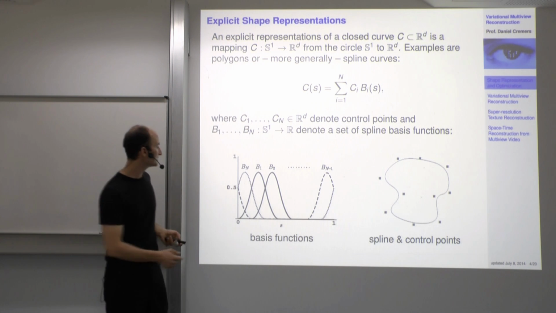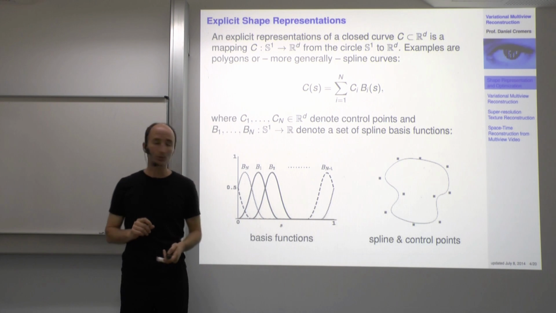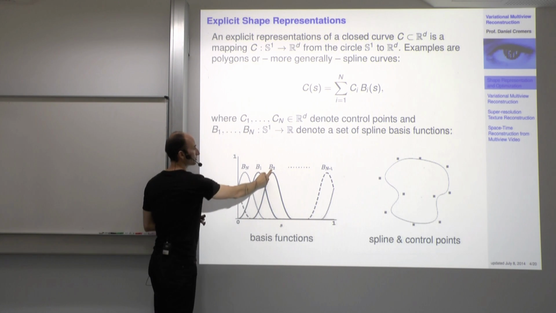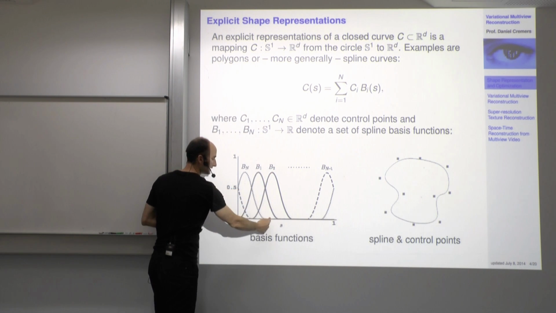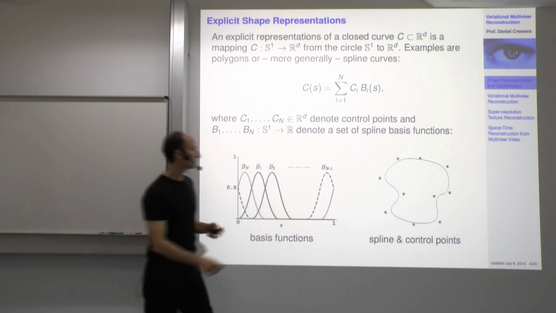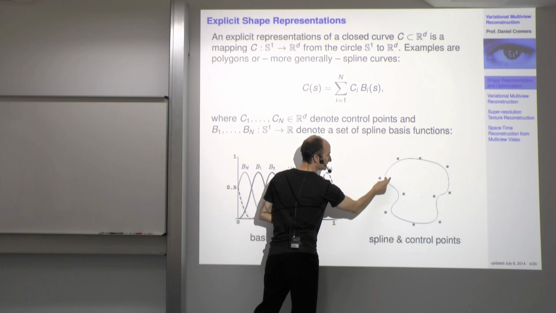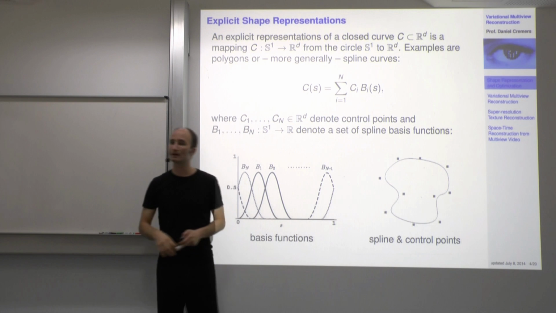These basis functions define the area of influence for each control point. You can see the control point 2, for example, if you look at b_2, has most influence in that parameter domain, and its influence decreases the further away you go. So this control point is likely to have its major impact here, and further away it has less impact.